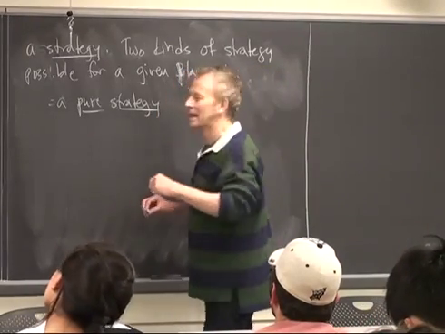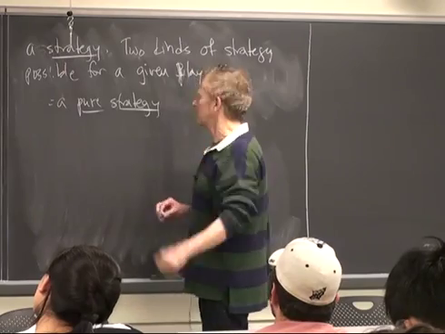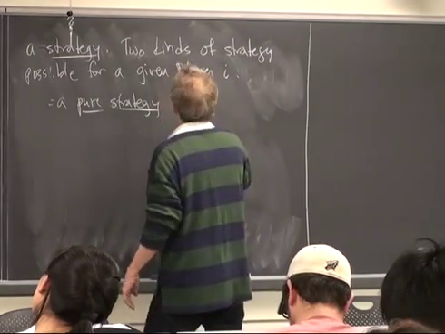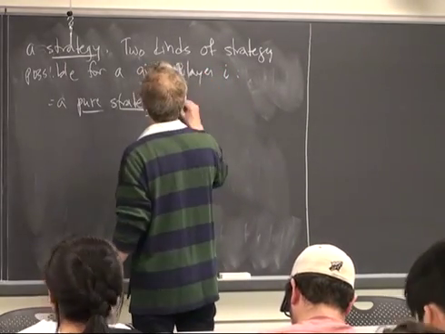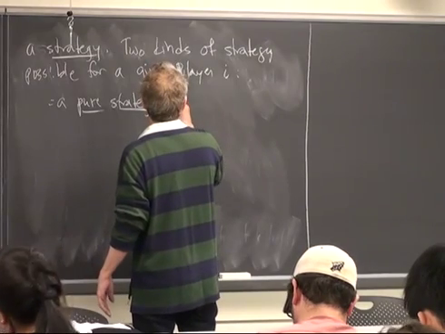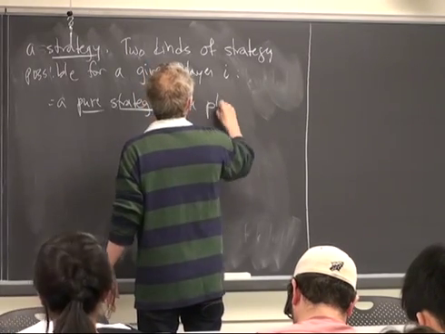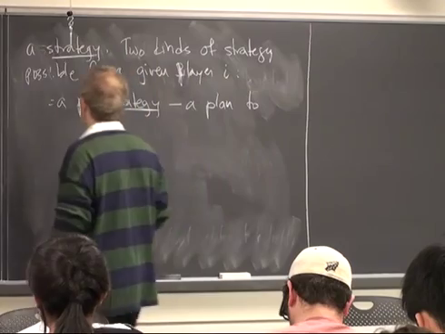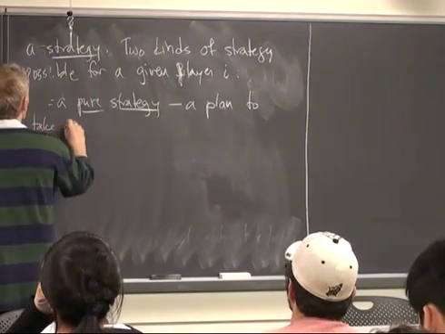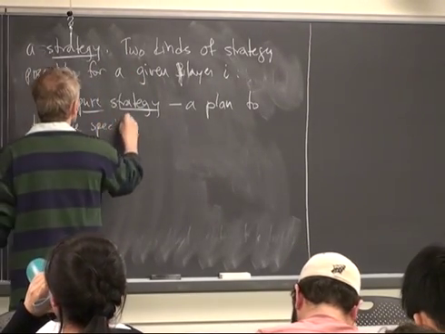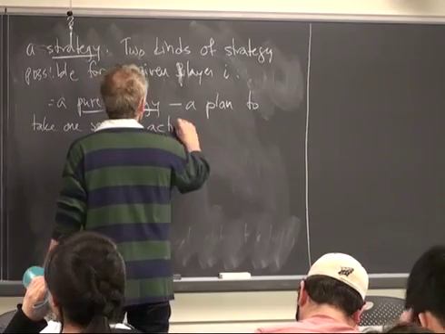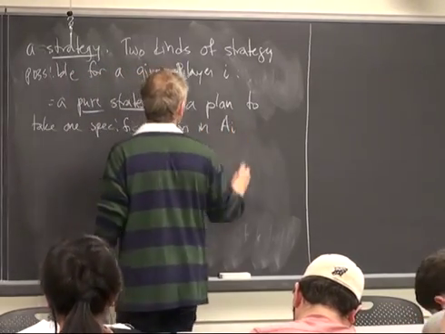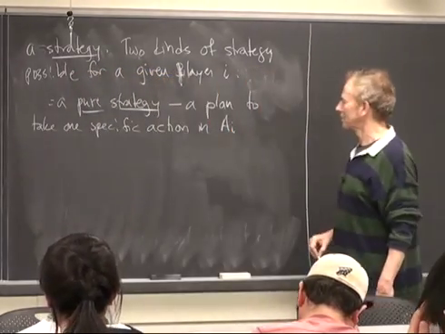It's a plan to take a specific action in his action space. So a pure strategy is a plan to take one specific action in A_i when it comes time to play the game.